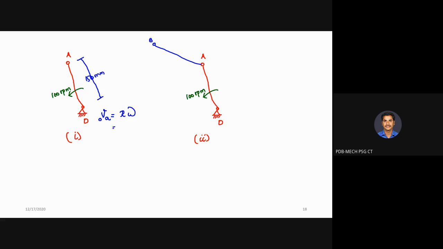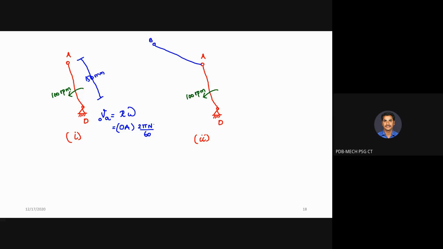So what is R here? 150, sir. R is nothing but the length OA, and omega is your angular velocity of the link. How to find out the angular velocity of the link? Only speed is given. You can use this formula 2 pi N by 60.